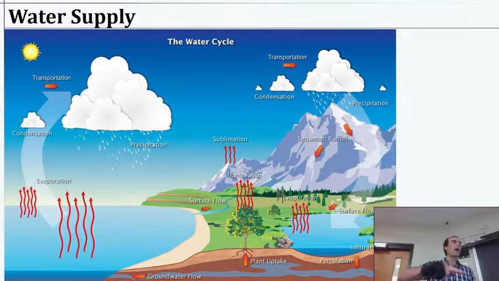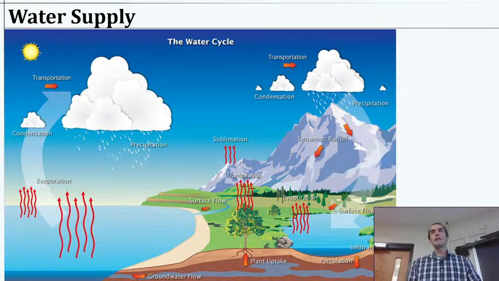There's no pathway for pathogens to get to that spot. But that's not typically the reality, and so we have to design our treatment based on kind of what the context is. Where are we getting our water? What are the contaminations we expect in the water? And what kind of technology do we need?